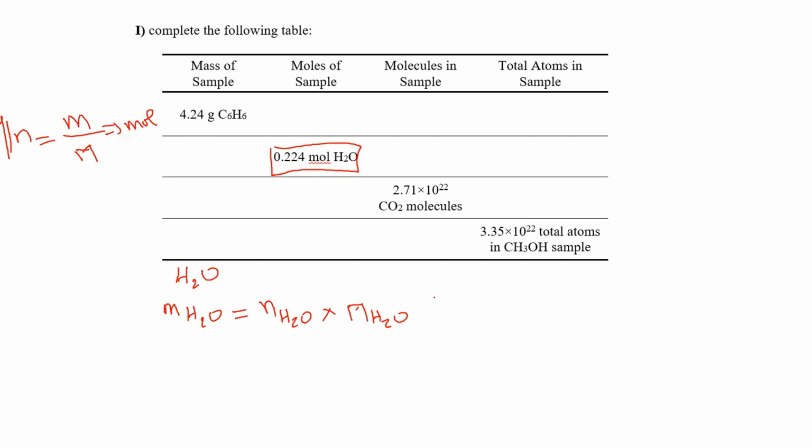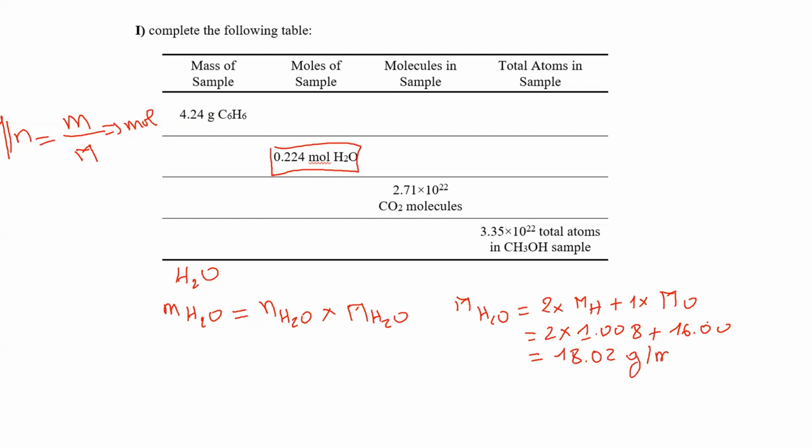The molar mass of H2O is equal to 2 times the molar mass of hydrogen, that you can get from your periodic table, plus 1 times the molar mass of oxygen. And it will be 2 times 1.008 plus 16.00. And if you calculate it, it is equal to 18.02 gram per mole with 4 significant figures.